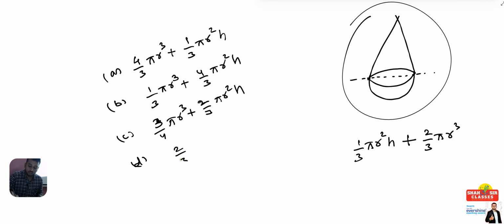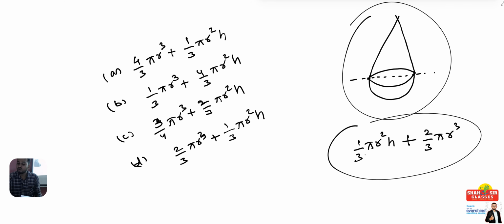Option D: 2 by 3 pi r cube plus 1 by 3 pi r square h centimeter cube. Which is the correct answer among the following? D. Correct.